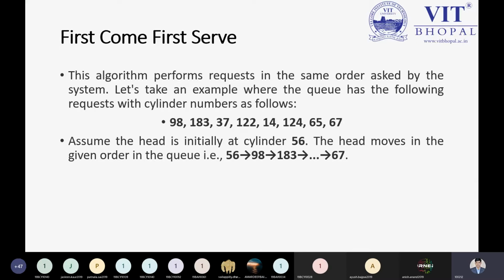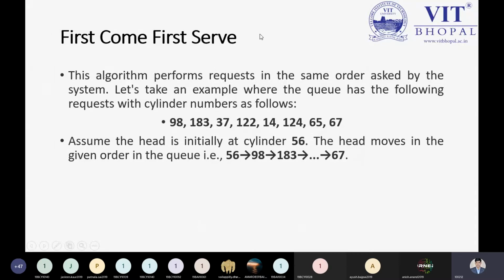Assume that the head is initially at cylinder 56. I request all the students to please use paper and pencil for solving this question. Open your page or register, whatever you have, and see the example properly. The head moves in the order given in the queue: 56, 98, 183, and so on, up to 67.